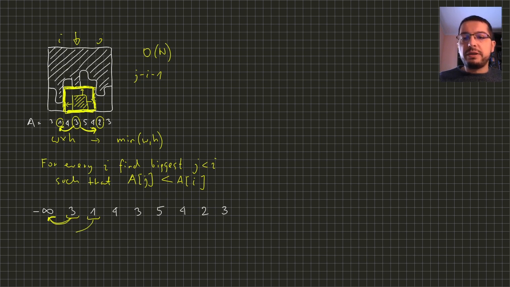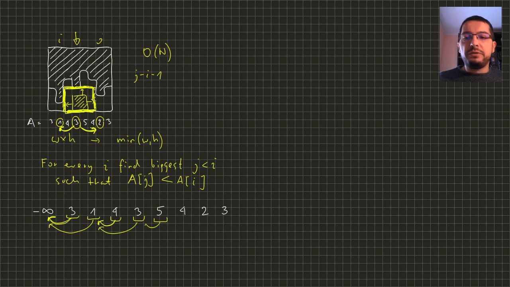If it is, then it will be the next candidate. So we continue further. We investigate 4. 1 is smaller, so here's the arrow. Then we investigate 3. 4 is not smaller, but going through the arrow from 4, we get 1, which is smaller.